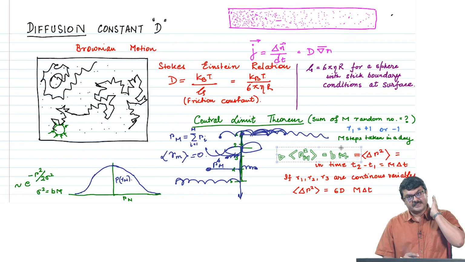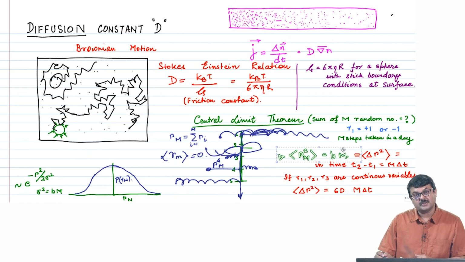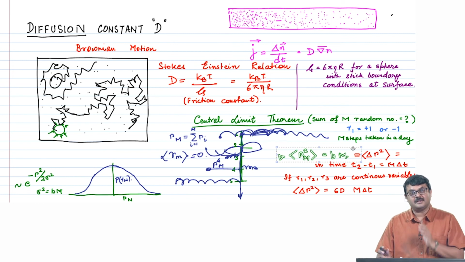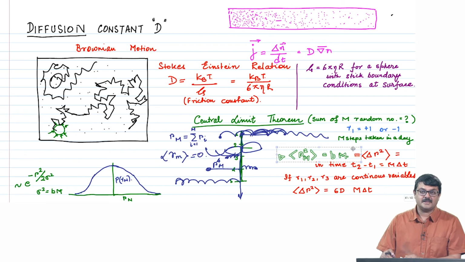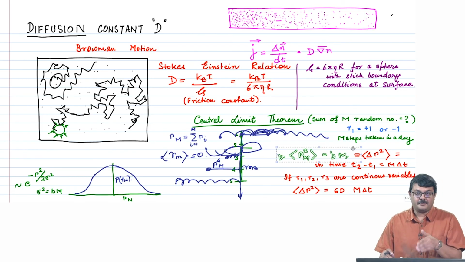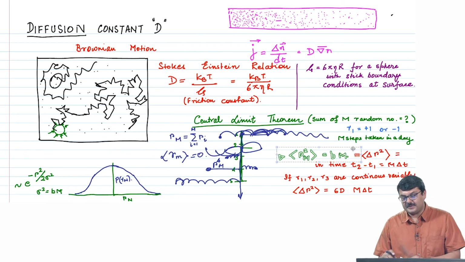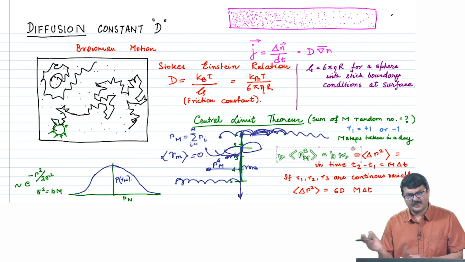If he had moved in a straight line in one particular direction, then r m square would have been proportional to the number of steps square. The displacement would be proportional to m, and the r m square average would be proportional to b square m square.